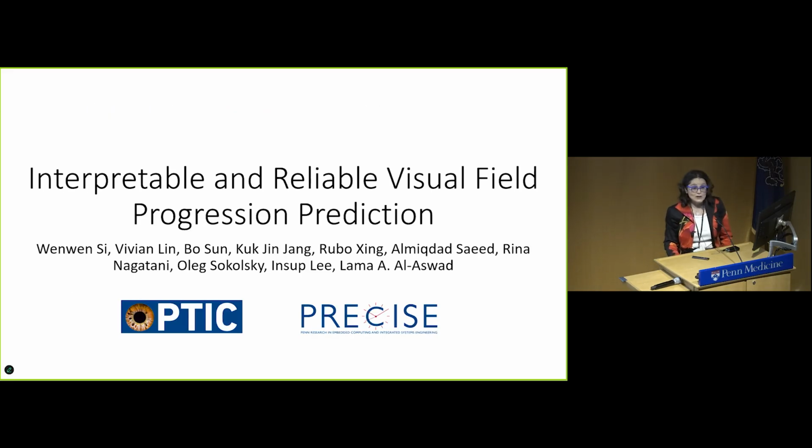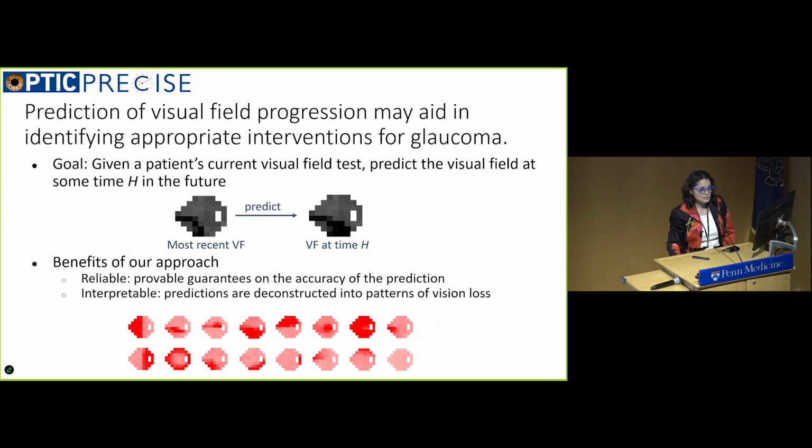The other thing we want to do is try to predict progression in a way that is very reliable. In addition, you can visualize it well for the clinician. This is work of Win-Win, Vivian, and all the team that was presented at ARVO too. Both were presented at ARVO. Basically, we wanted to better understand if we can build a better prediction for progression. What is the next archetype? What is going to happen afterwards?